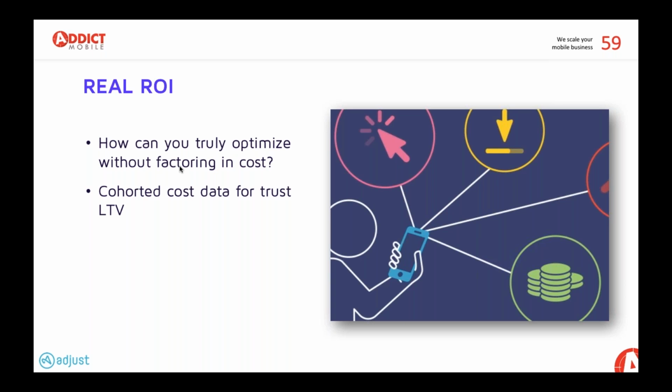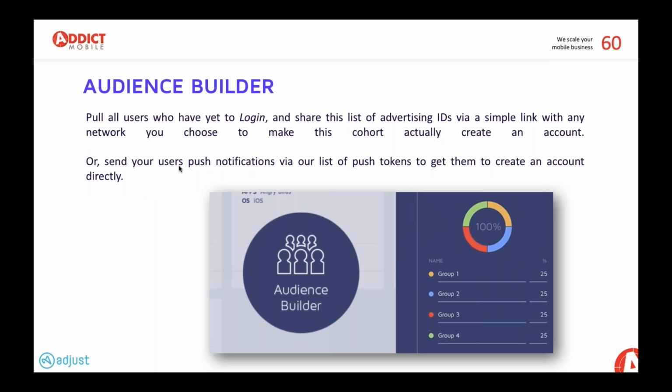And finally, the audience builder is a tool that allows you to create custom segments and to share these segments with ad networks, so that you can effectively re-engage your users and, for example, target the users who haven't created an account yet.